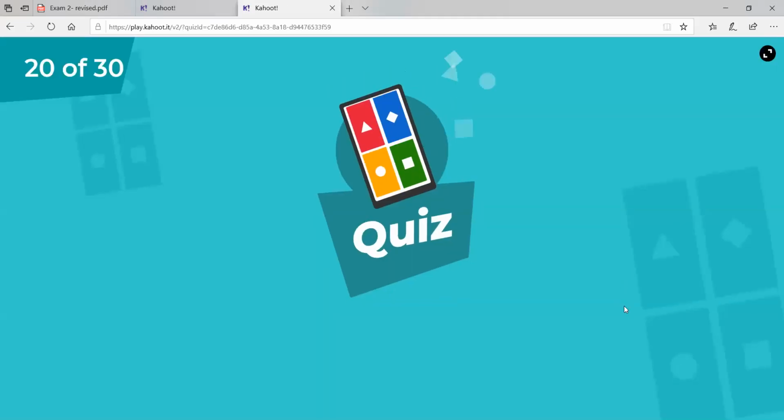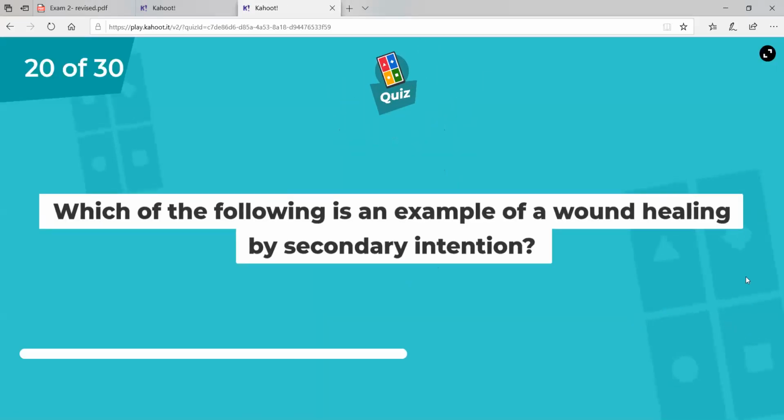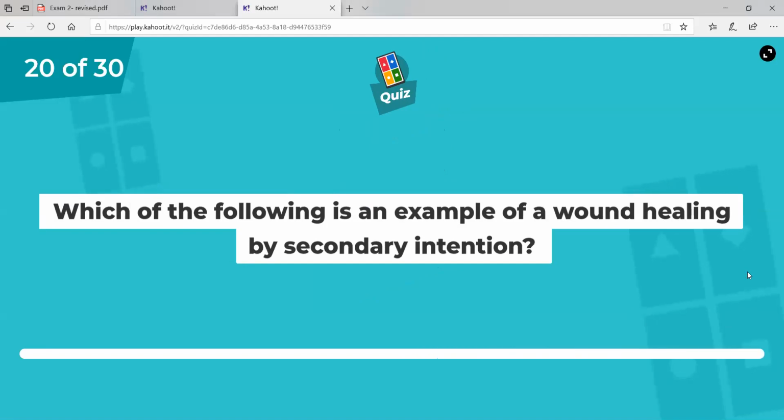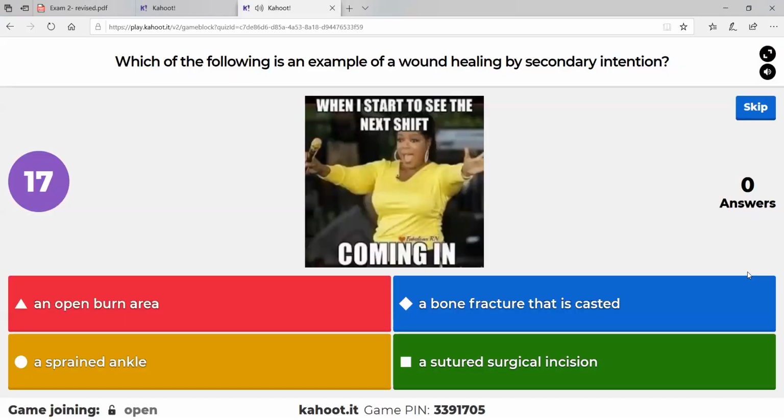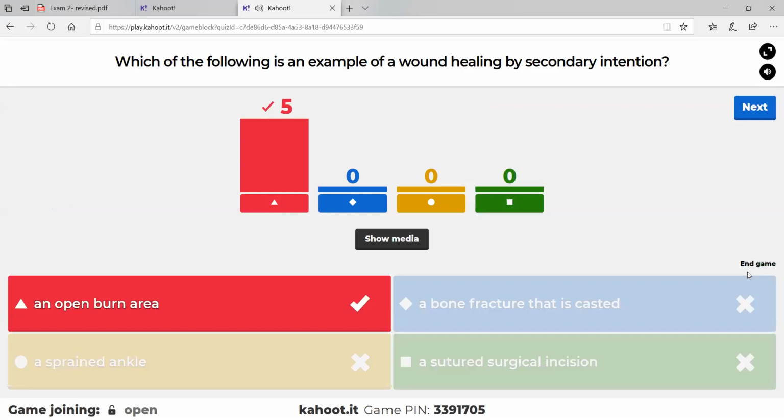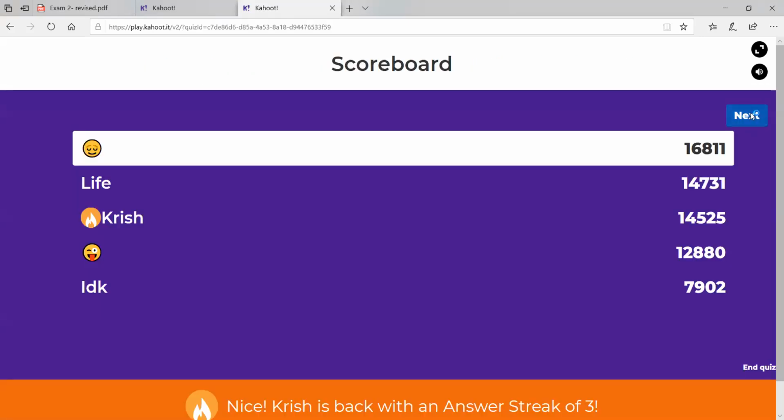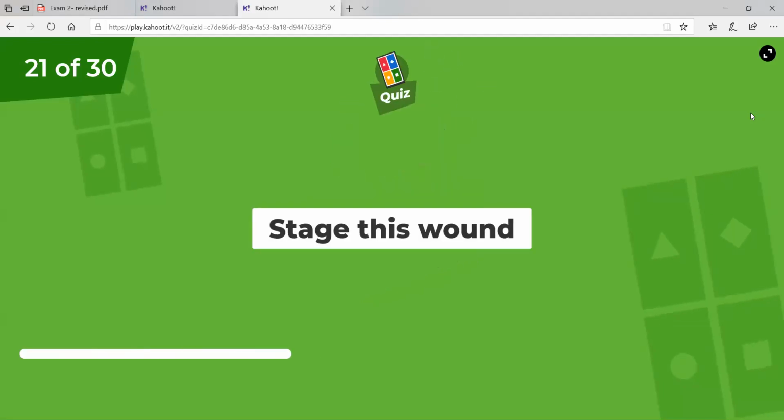All right, which of the following is an example of a wound healing by secondary intention? Good. So an open burn area. So that would definitely be something that has to fill in on its own. Okay, stage this wound.